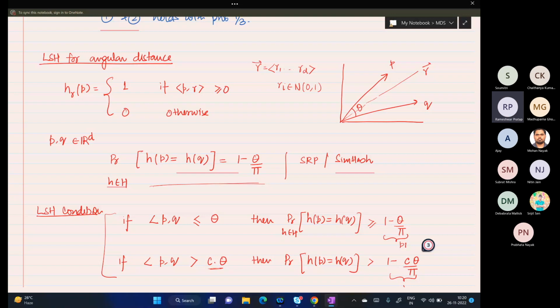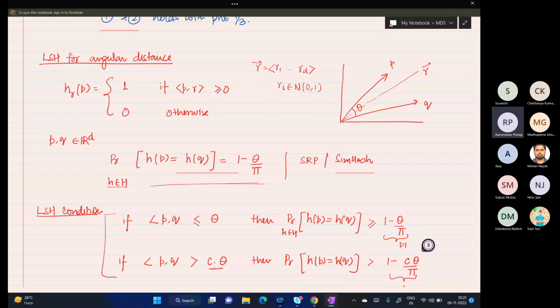So if the random hyperplane separates P and Q, then the inner product of P and R will be of different sign than the inner product of Q and R, right? And the probability that their hash value is same, basically this random hyperplane is not able to separate points P and Q, is 1 minus theta by pi.